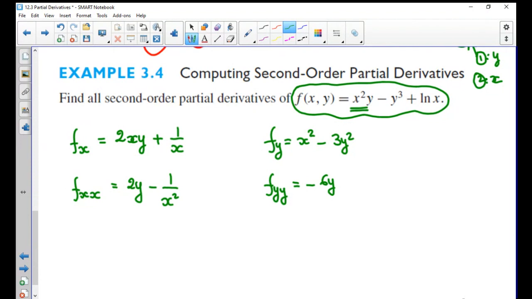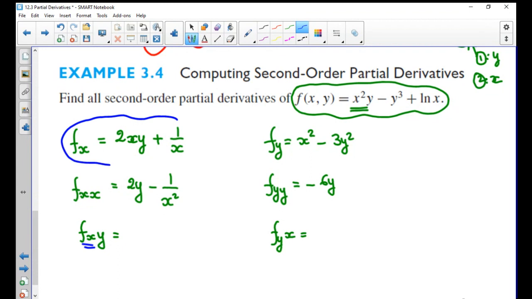Is this it or are there more? We need to calculate now fxy and fyx. And we should check that these last derivatives are actually the same. So fxy, that means fx and then the derivative of that with respect to y.